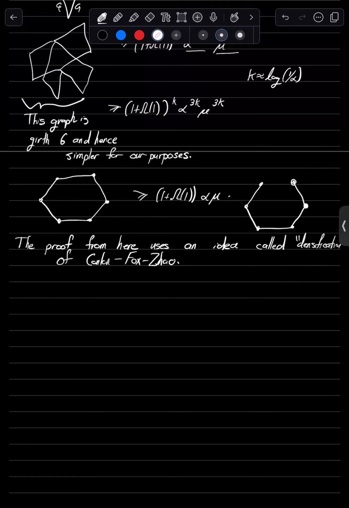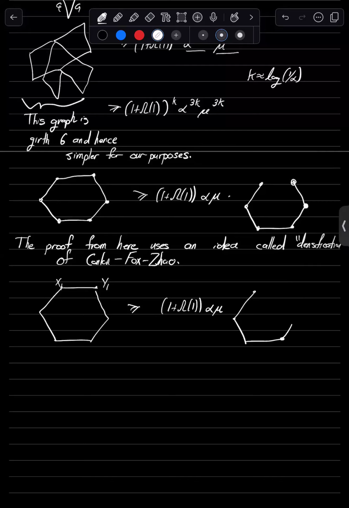So, okay. Let me label this vertex at the top x1, label this vertex at the top y1, and okay. So I have this assumption. By basically linearity, I can choose x and y, or let me call them x tilde and y tilde.